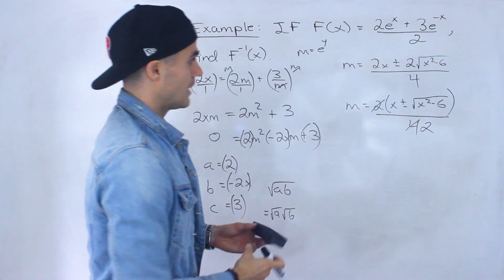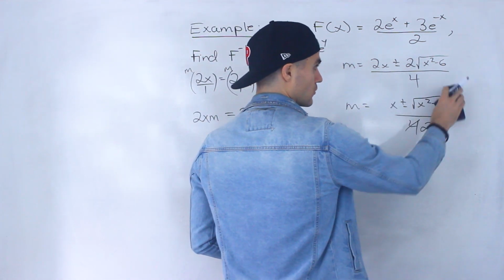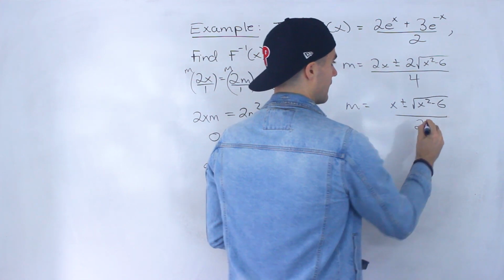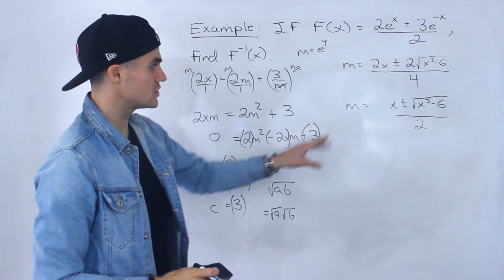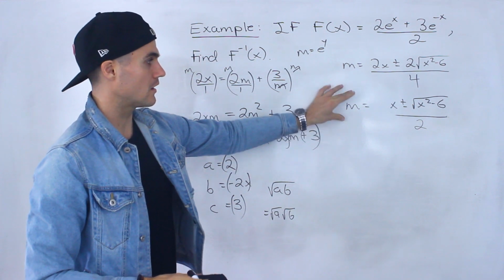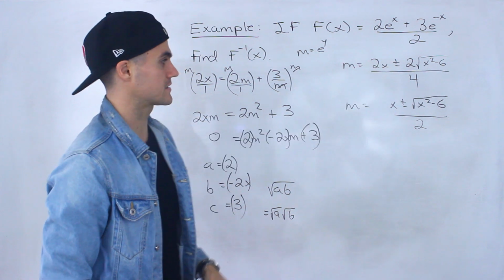And so what we would end up with is m equals x plus or minus the square root of x squared minus 6, and that's going to be all over 2. So notice that we achieved our goal in terms of isolating for that m, right? We isolated for the m and notice that it's all in terms of x.